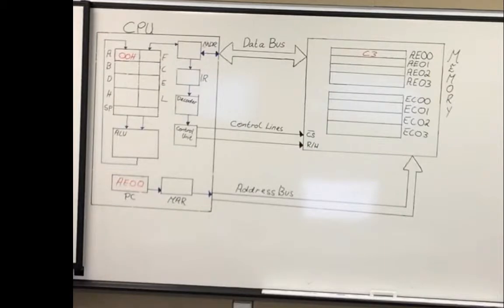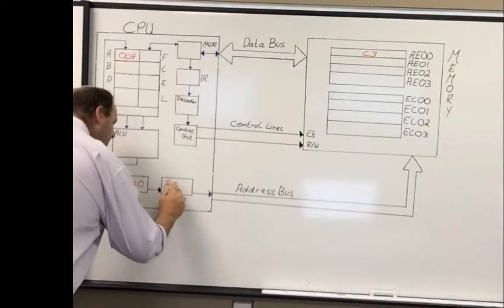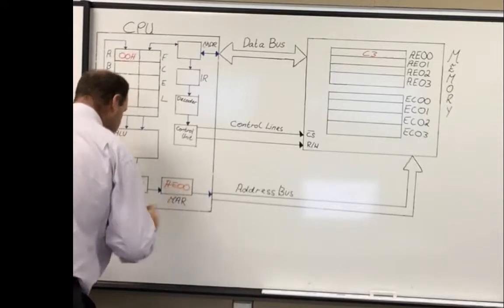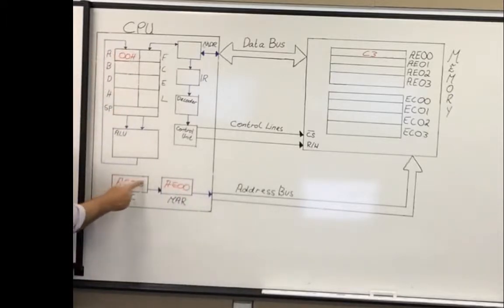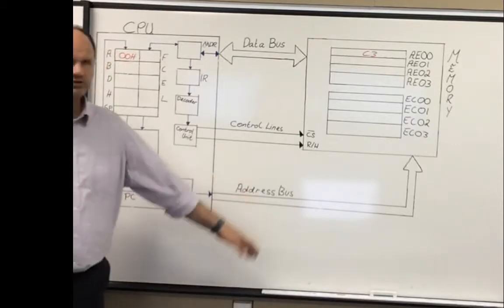So what happens is this. To work the fetch and execute cycle, this memory address is put into the memory address register, which is essentially the contact the CPU has to the address bus.